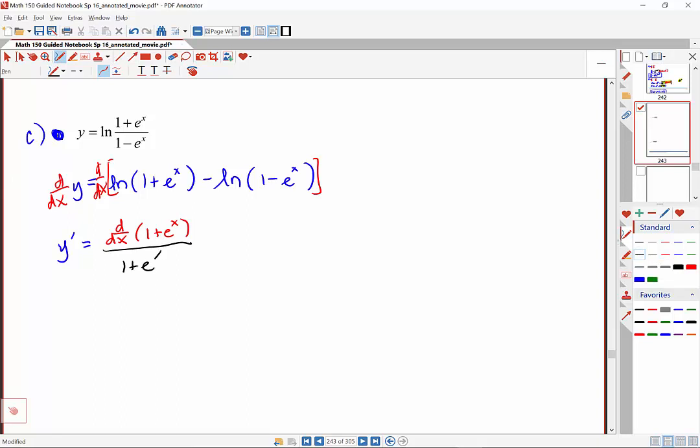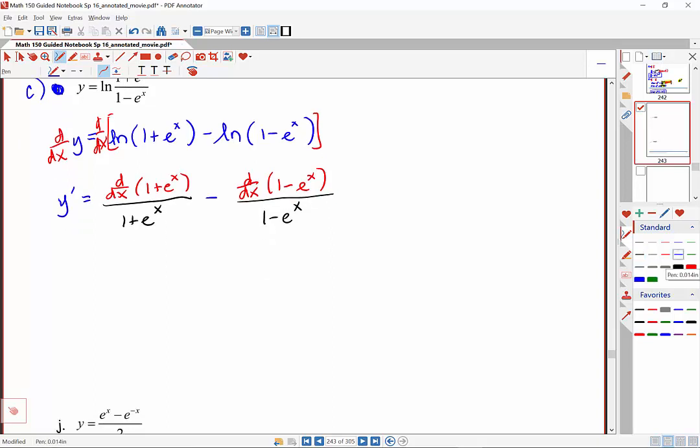So your u in this case is 1 plus e to the x. And then the next one we'll have minus d dx of 1 minus e to the x over 1 minus e to the x. Good so far? Awesome.